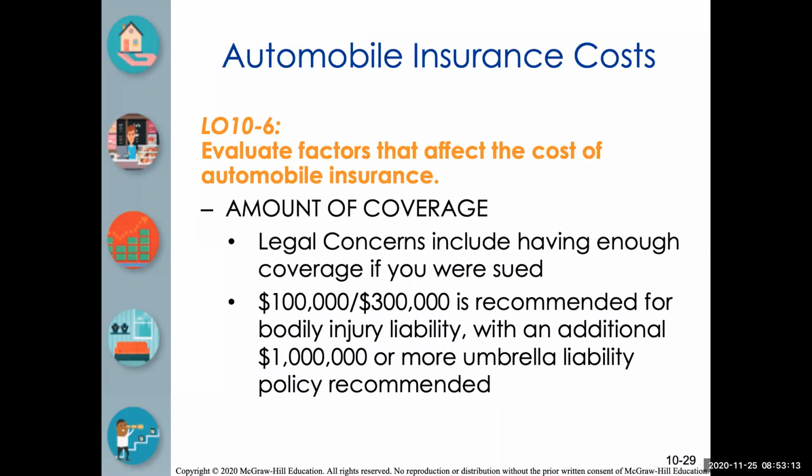I can't stress that enough. The most expensive part of this equation is going to be your base coverage, 100, 300. Tacking on an additional $1 million is only going to cost you an extra 100 to 120 bucks a year, most likely. But the added peace of mind that you have from having this $1 million umbrella policy goes a long way.